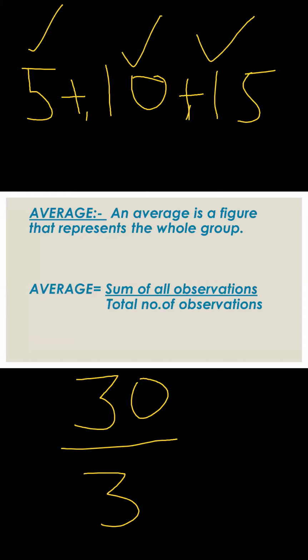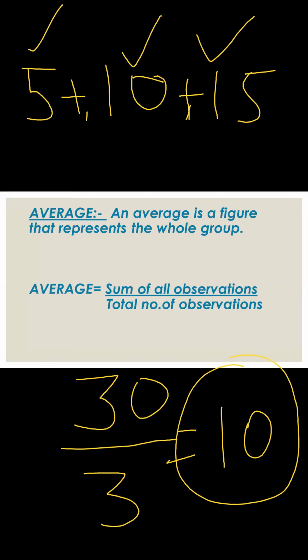So what is the average? 10. So this is the average, or we can say the mean value. Today we will just cover the theory part, the purpose and the essentials of a good average. And tomorrow we'll start the practical also.